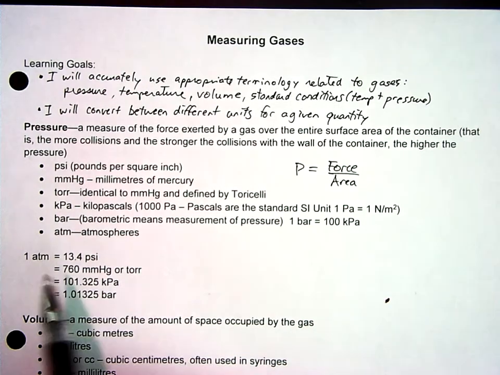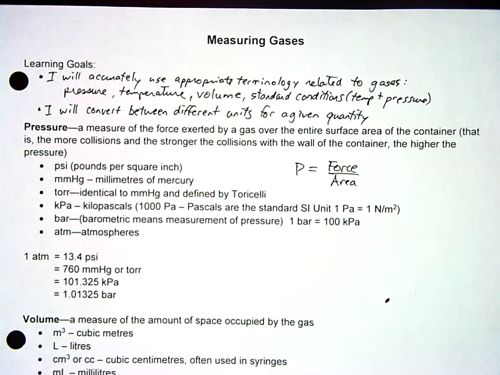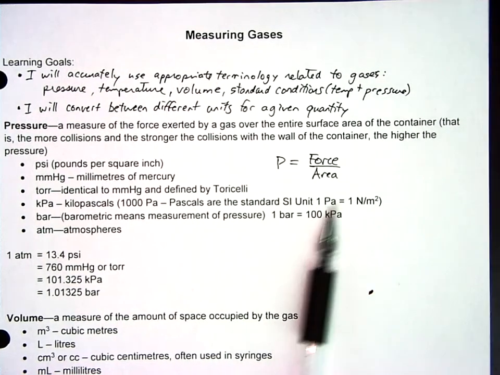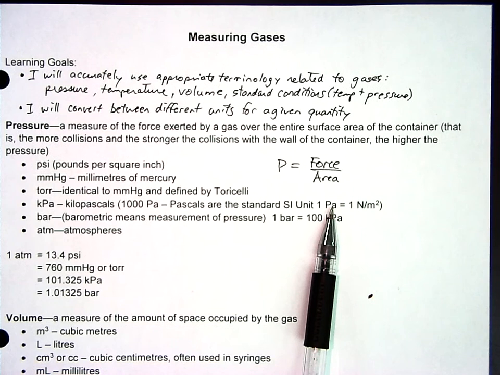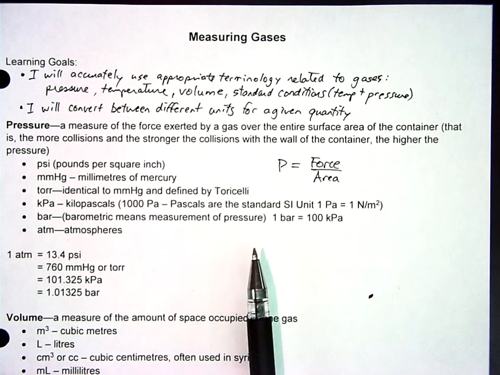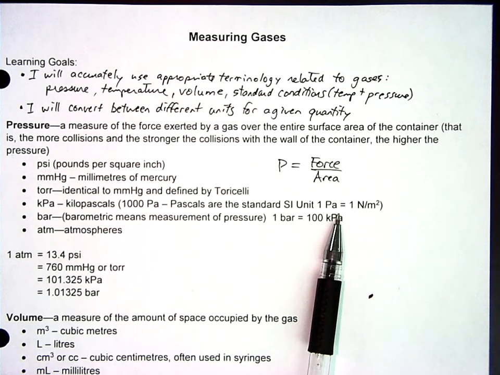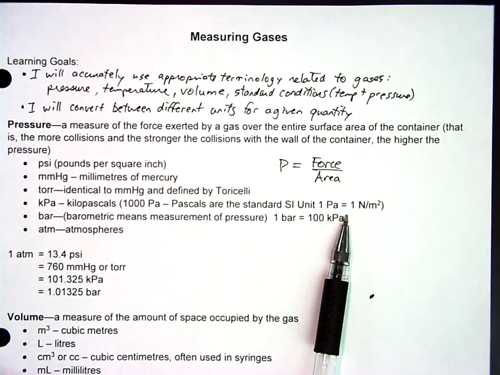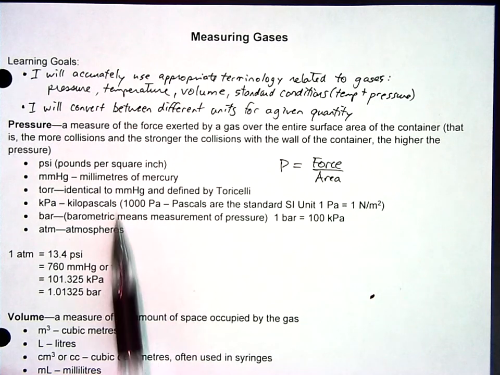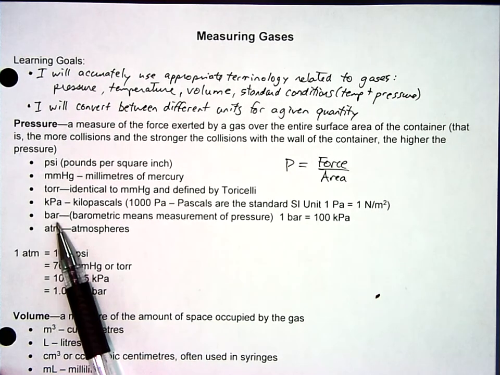Then kilopascals. Pascals are the SI unit for pressure, and one pascal is one Newton per meter squared. When we're dealing with atmospheric pressure and pressure of gases, we're more into the kilopascal area, which is 1,000 pascals. Bars are another one.